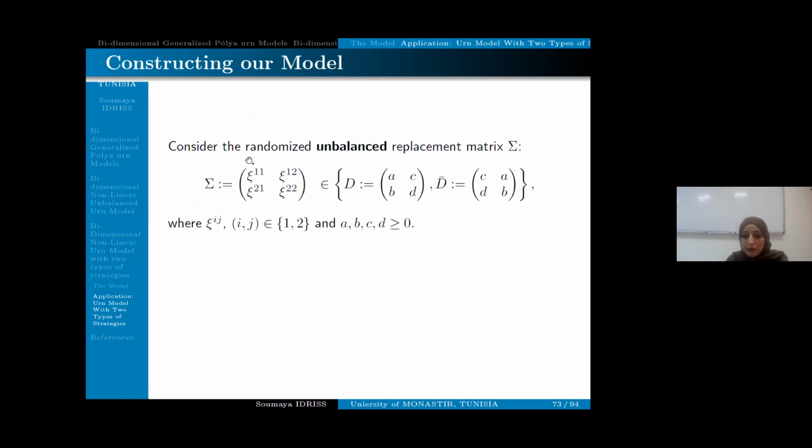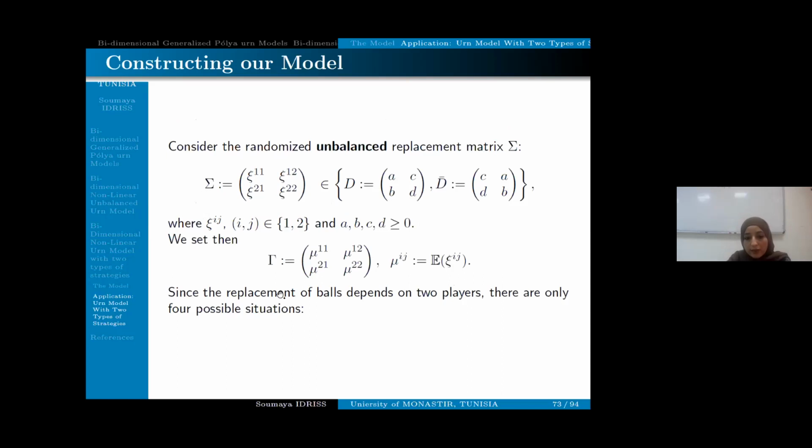Now we consider this randomized unbalanced replacement matrix that is given by sigma, which is in this set. We then set this mean matrix, which is given by gamma, which is the mean of the matrix sigma.